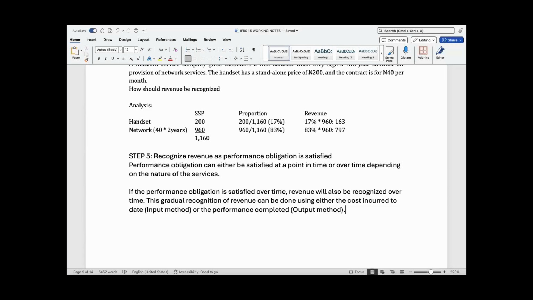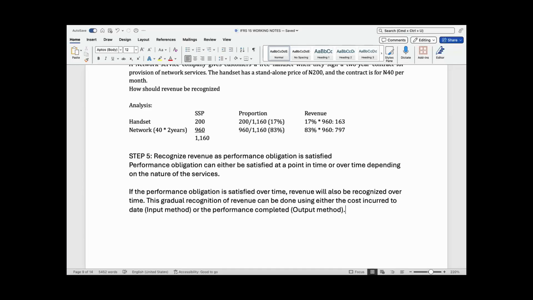So if we were to recognize revenue for this month now, so far we'll have recognized like 2/4, in the sense that, let's say the duration of the class is 4 months. So we can use output method based on what we have done to date, based on performance completed. You can do 2/4 times the total money we have collected or are supposed to collect. And that is what we are going to recognize as revenue.